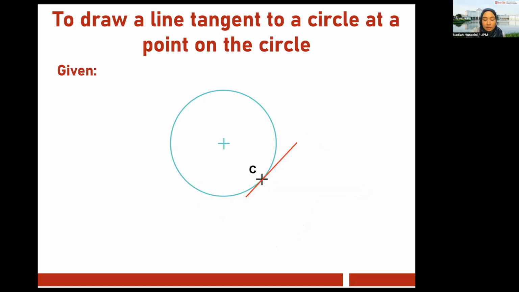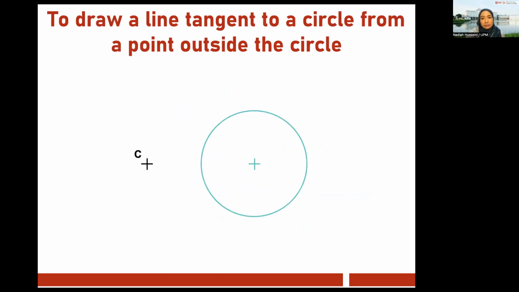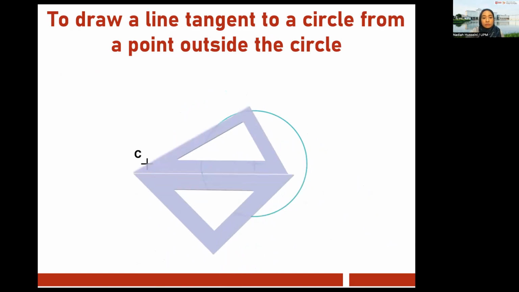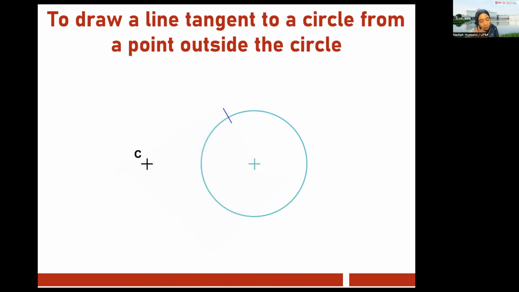Okay, quite boring here, probably because it's so easy. Okay, so we want a tangent line that passes through C. But it must touch the circle too. How do we do that? Mark a tangent point.